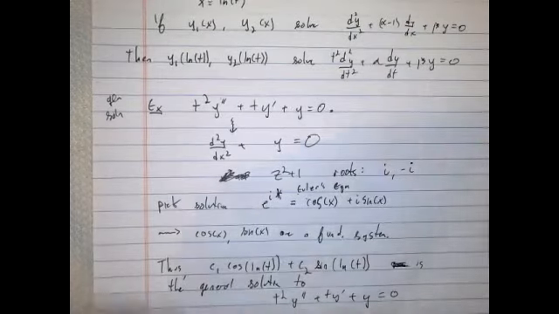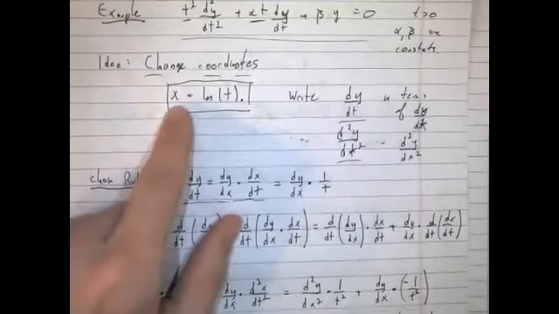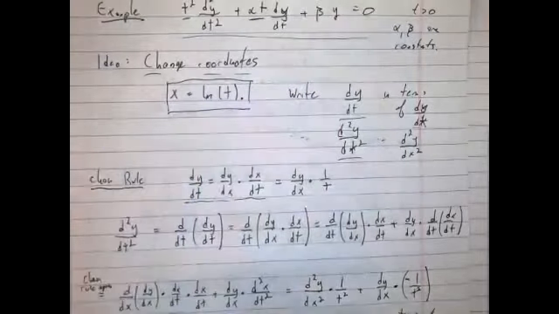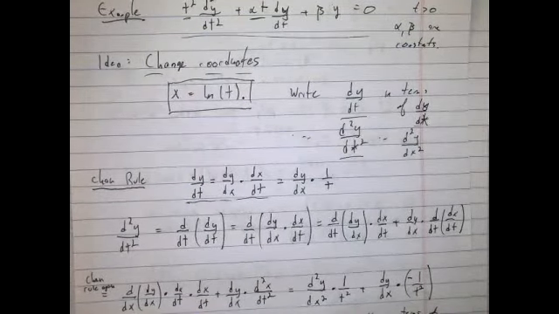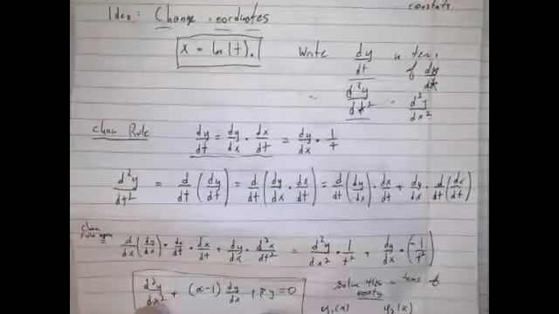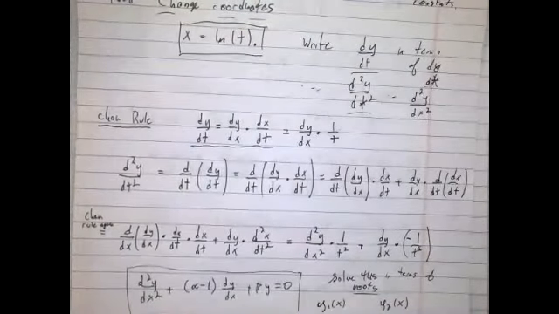You could pick any function as a change of coordinates, like x is equal to natural log of t, and then start with a differential equation just in terms of dx's and constants, and see what this equation becomes under your change of coordinates, and voila, you have a new class of differential equations in terms of t that you can solve, if you kind of want to work backwards, so to speak.